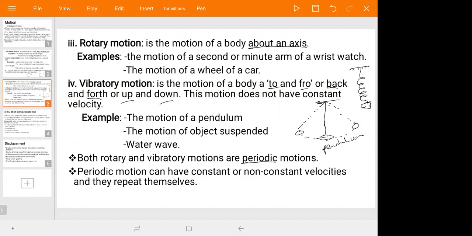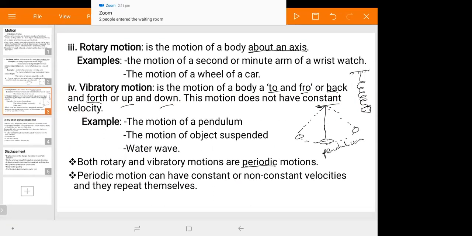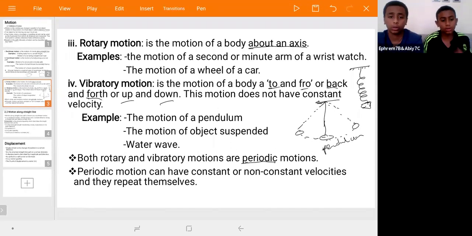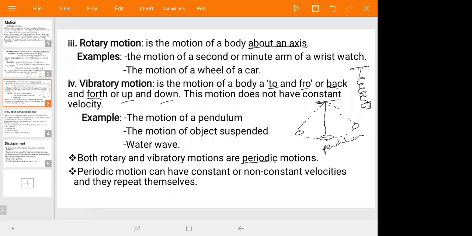What does rectilinear motion mean? Motion along a straight line. The second one is curvilinear motion, motion along curved paths. The third one is rotary motion. The fourth one is vibratory motion.